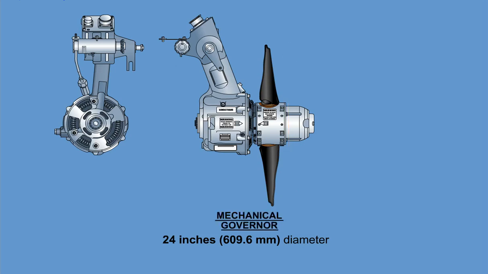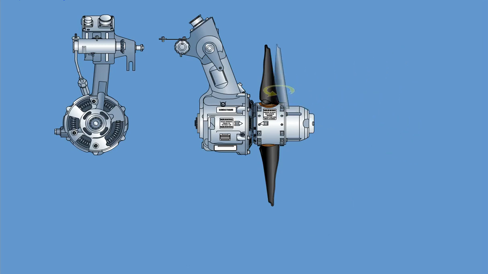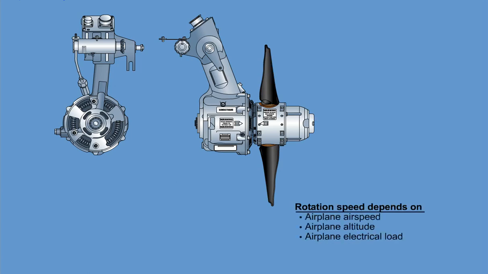The mechanical governor maintains the rotating speed of the turbine within 7,200 and 8,800 RPM by the automatic mechanical regulated variable pitch angle of the turbine blades. This rotation speed depends upon the airplane airspeed, altitude, and electrical load.